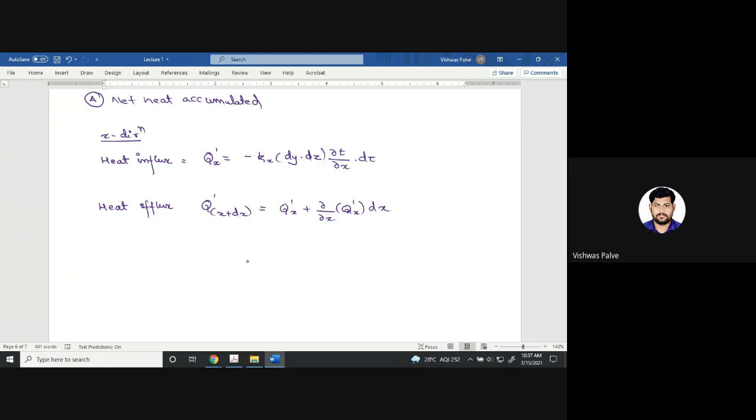So there is some internal heat generation and all, and there is a possibility that it will be reduced or it can be increased. So we are writing in the differential form. So net heat accumulated will be equal to the heat accumulated inside the body, which will be the difference of this.